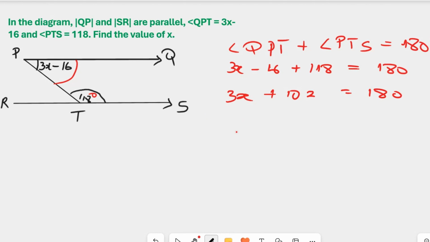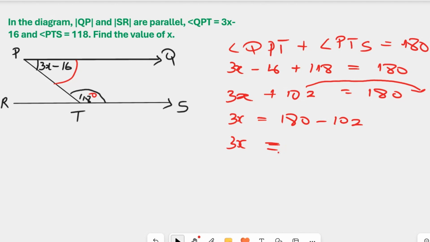So I have to subtract 102 from both sides, and that will give me 3x equal to 180 minus 102. Or you can just say that you've taken this to this side, and that's going to be minus, right? So we have 3x equal to 180 minus 102, and that'll give me 78.